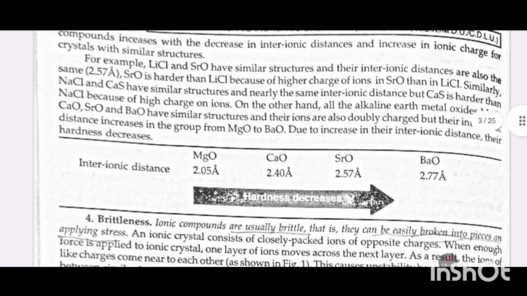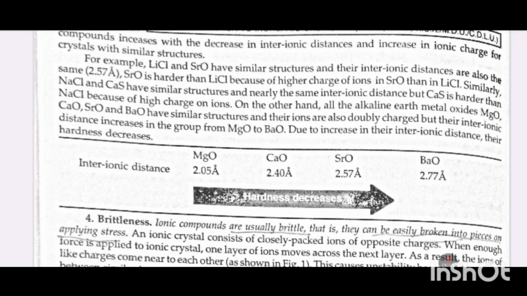For example, LiCl and SrO have similar structure and their interionic distances are also the same. SrO is harder than LiCl because of the higher charge of ions in SrO than in LiCl.